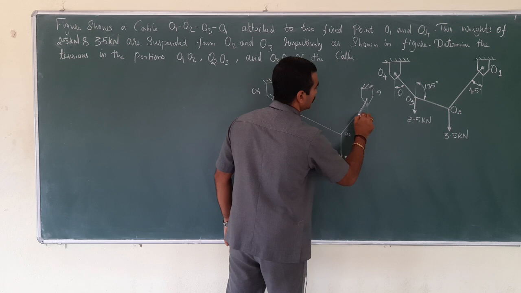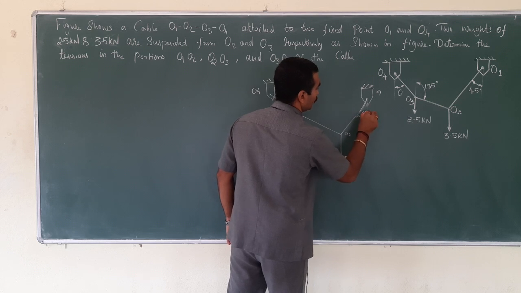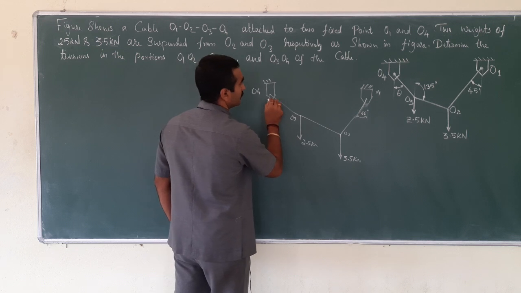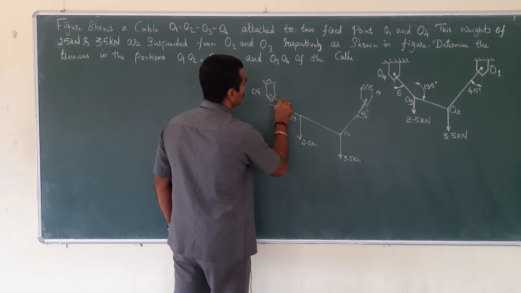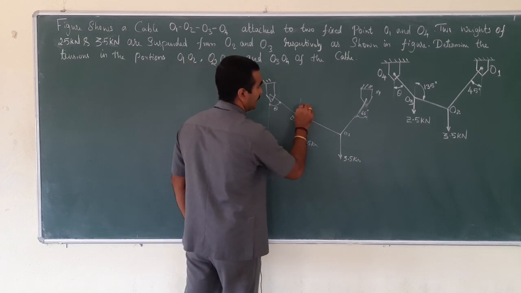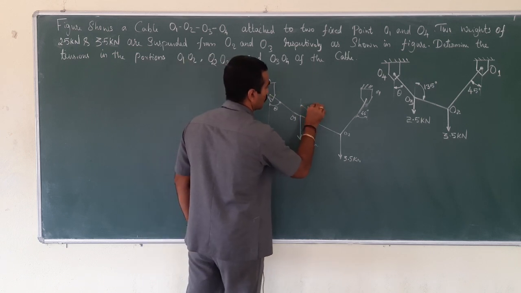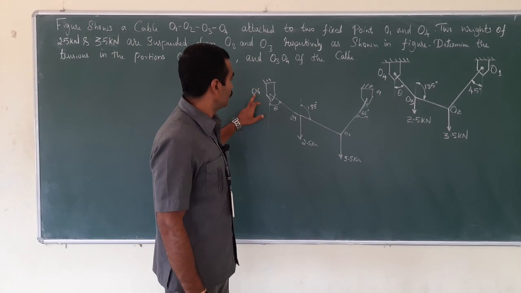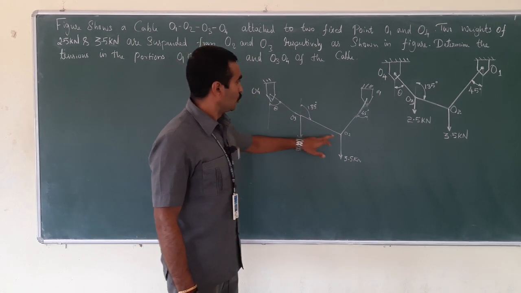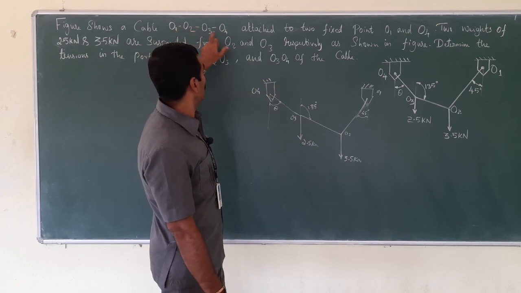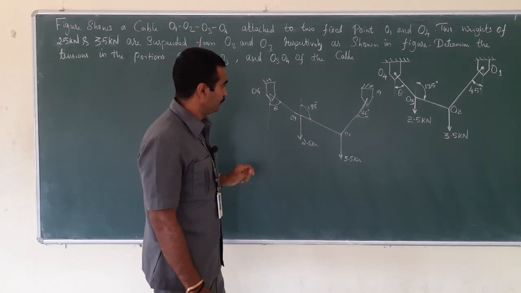The inclination is 45 degree here, and this is theta, and this inclination is given as 135 degree. So O4, O3, O2 and O1. This is how it is connected, O1, O2, O3, O4.